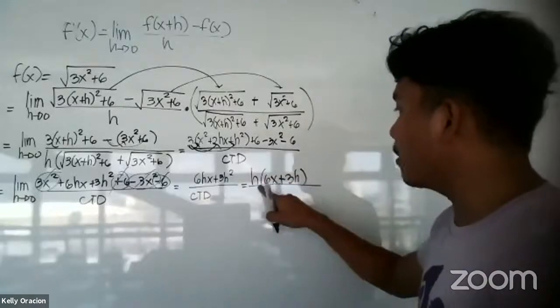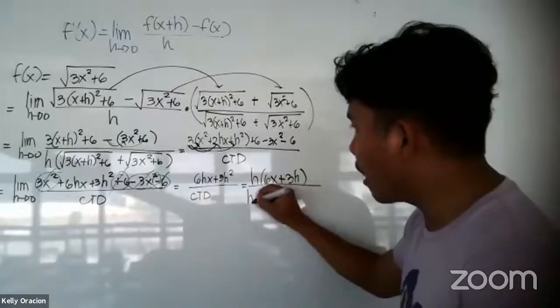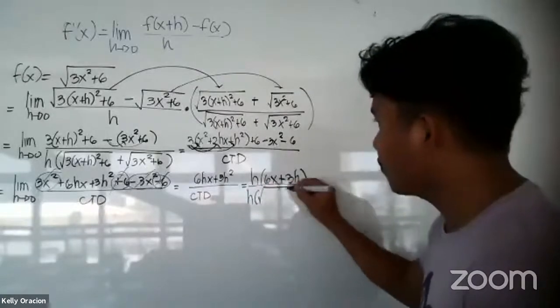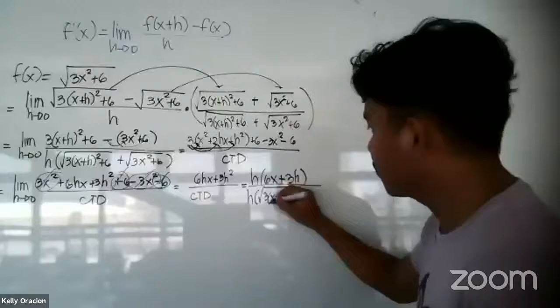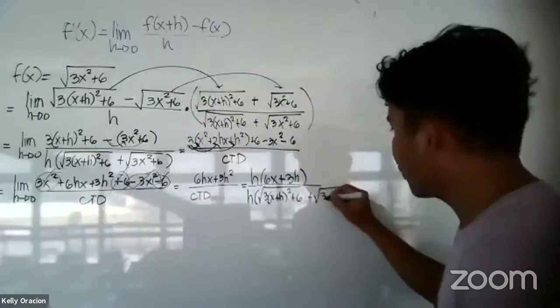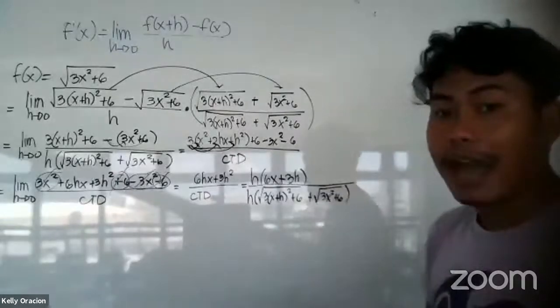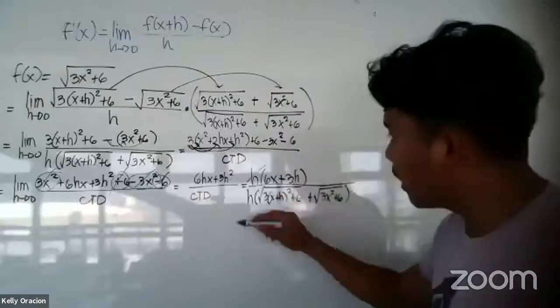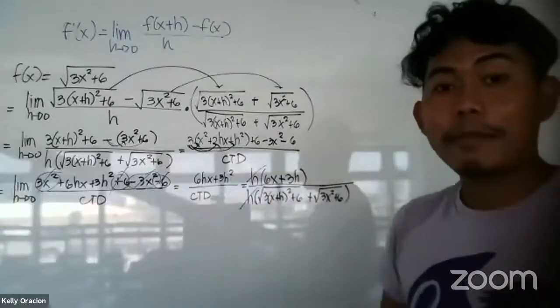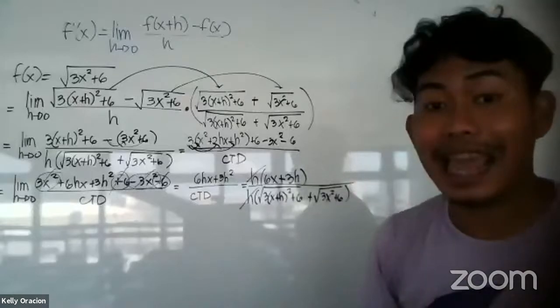Then this time, wag na kayo mag-use ng CTD. Isulat nyo na yung whole denominator, para makita dito ang process ng pag-cancel ng h ninyo.